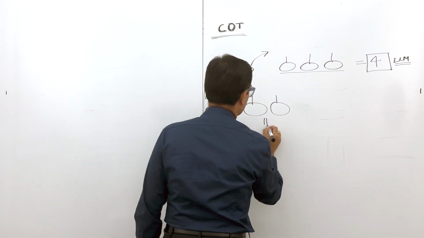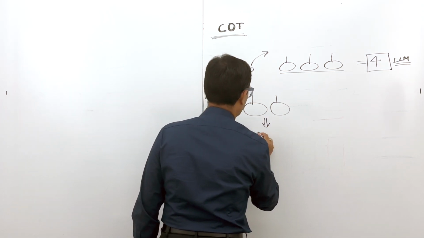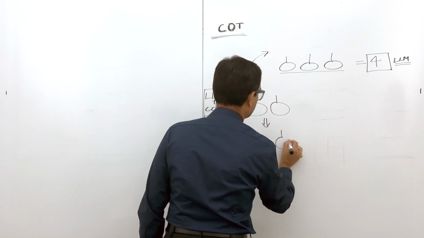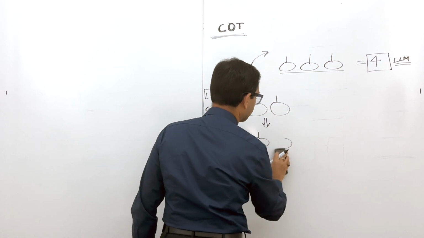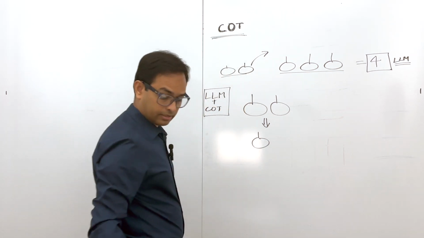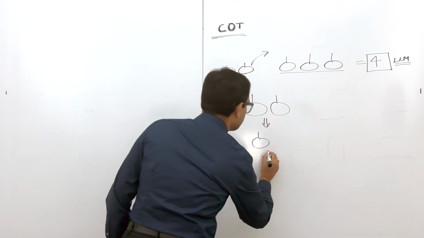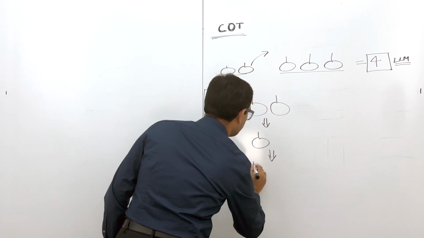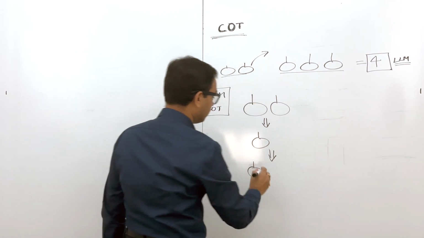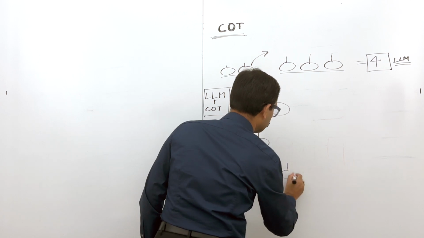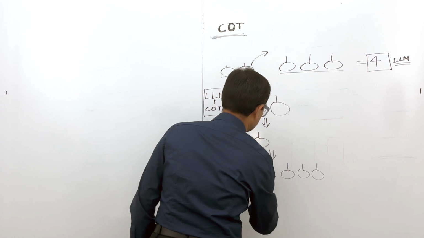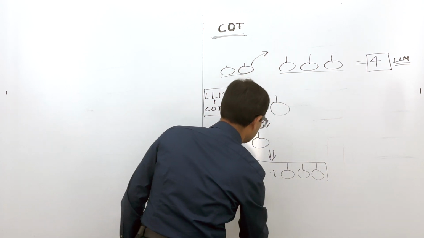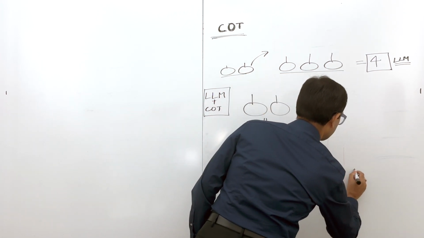Then in the next step, you took away 1 apple. So this apple is given away. Now in step 3, you had this 1 apple and then you got 3 more apples. And now when I add all these things, it becomes 4 apples.